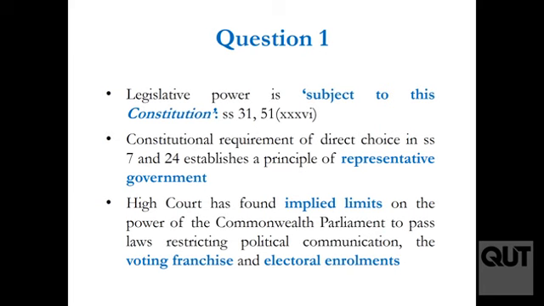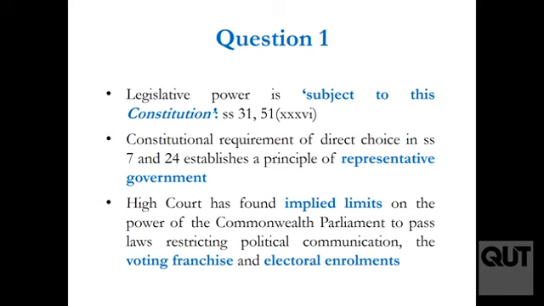So hopefully you'll recall from the very first tutorial that in Australia we have constitutional supremacy rather than parliamentary supremacy like they have in the United Kingdom. Or even the states here really have parliamentary supremacy. So that means the power of the Commonwealth Parliament is always subject to constitutional limits. And that's why it's so important that we always consider whether there are any limits on that legislative power.